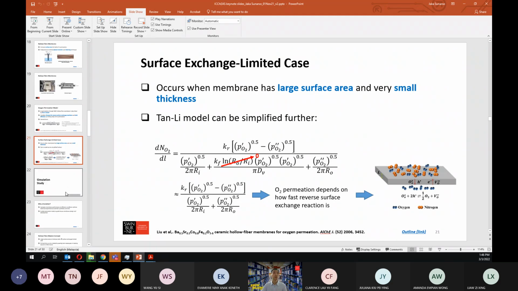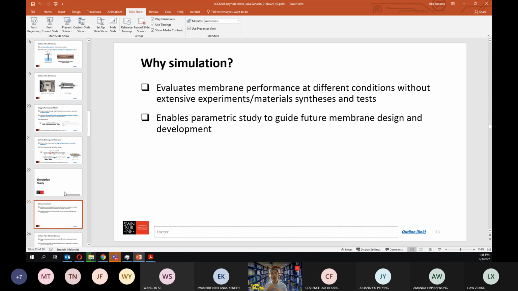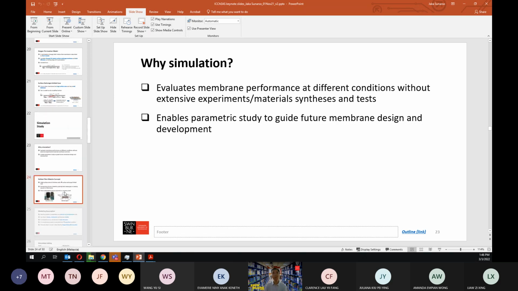Okay, so then we want to do a simulation study. How do we do the simulation study? First we ask why we want to do a simulation study: because we want to evaluate the membrane performance at different conditions without extensive experiments and tests. Then it will give us a guide for future membrane design and development, right?